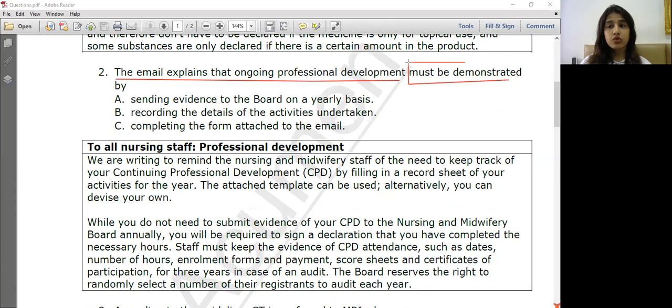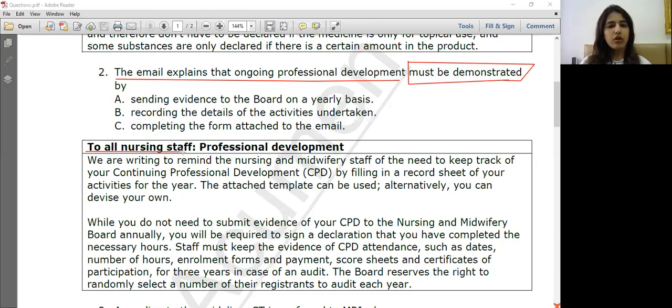So "must be demonstrated" is my keyword. It means this is something which isn't optional. What is compulsory while submitting, or when you are trying to prove or demonstrate ongoing professional development. Again, I would read the paragraph first.